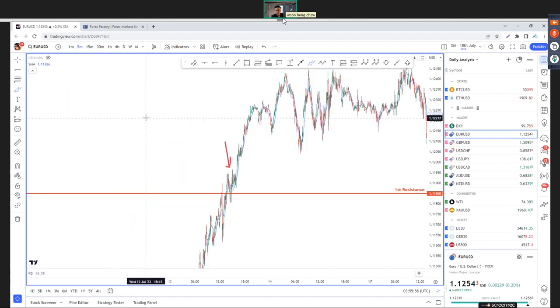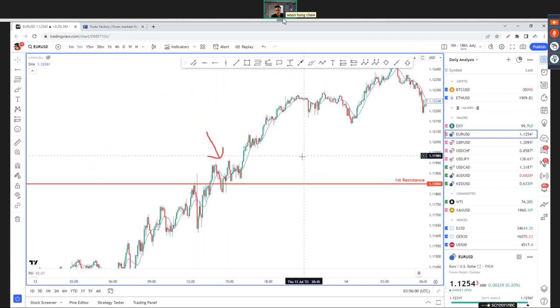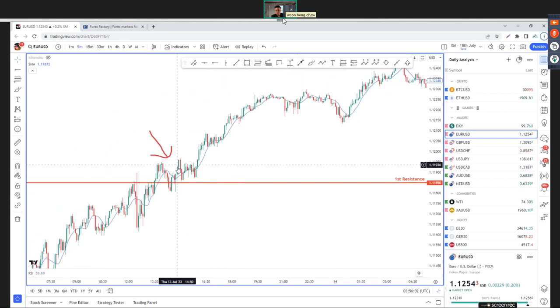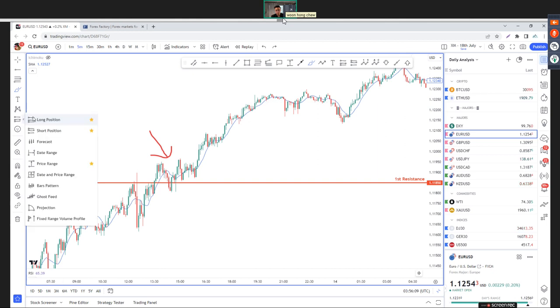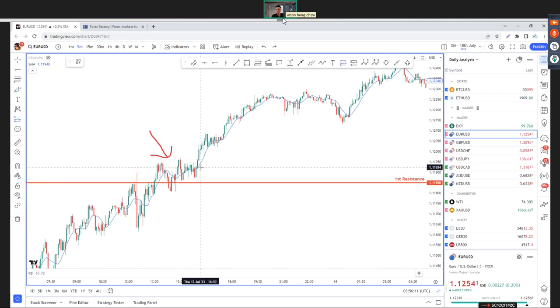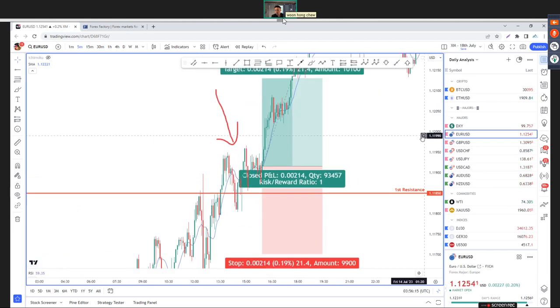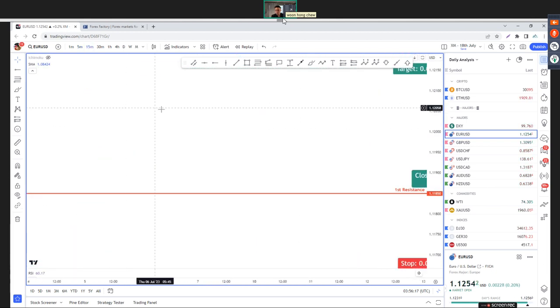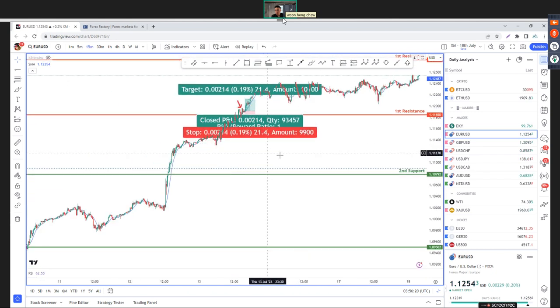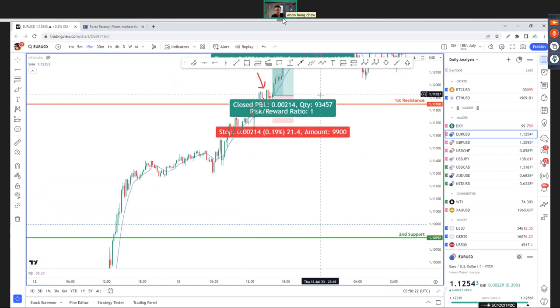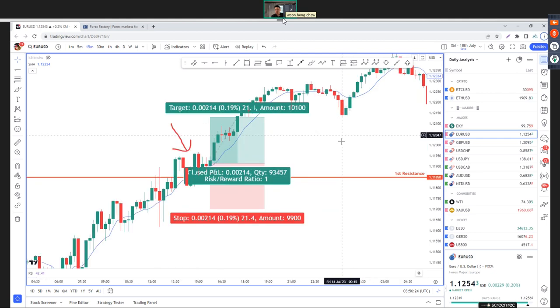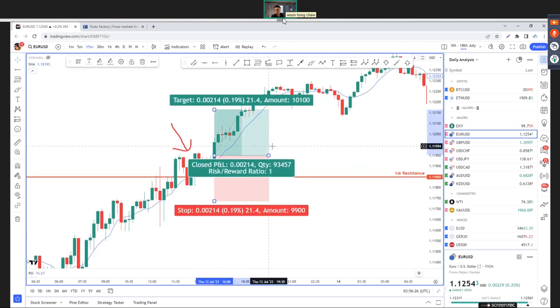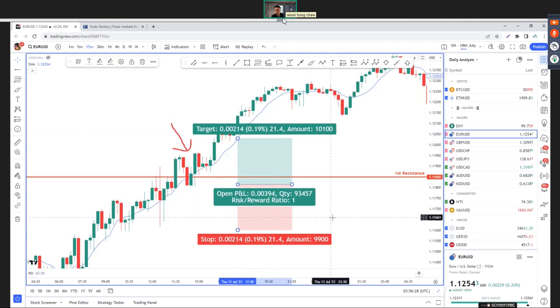If you want to look at the 5-minute as well, you can see that it's a very nice retest here, this area. And then you're looking for a long position when there's a bullish engulfing candle. So this candle, on the 15 minutes you can see as well. Let me just zoom right in. Okay, so ideally you want to enter on this candle.